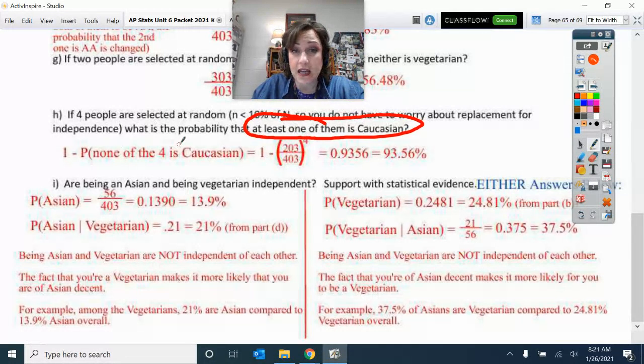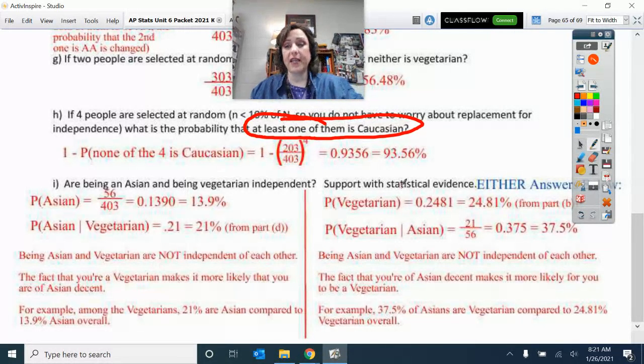So that's any combination with the exception of the one time that none of them are Caucasian. So it's all of everything except for that one time where none of them are Caucasian. So 1 minus the probability that none of the 4 is Caucasian. So here is this. All right.